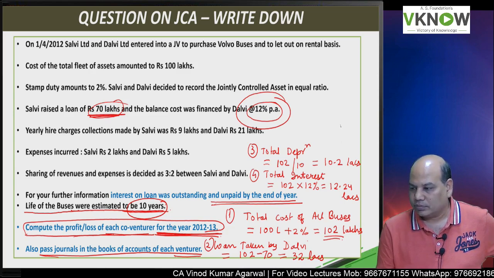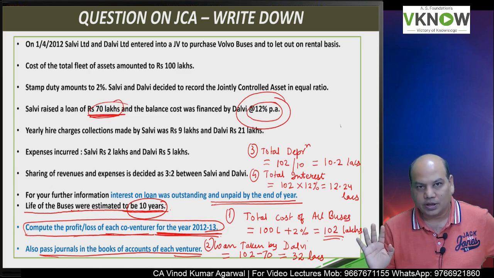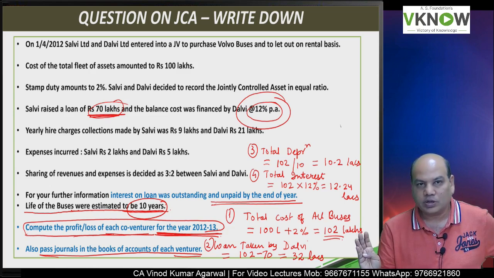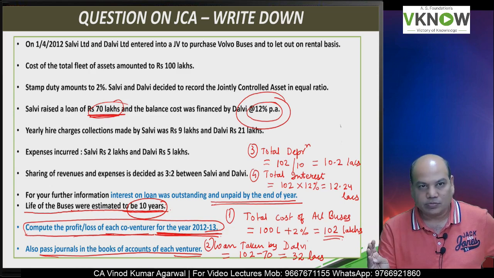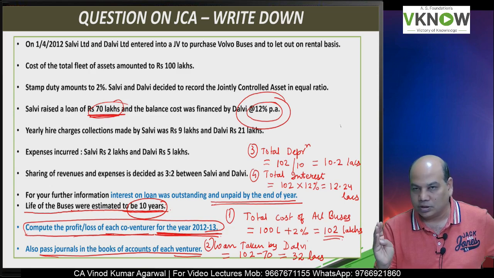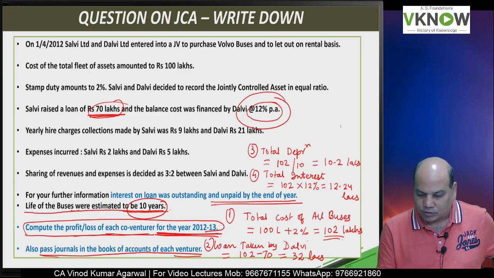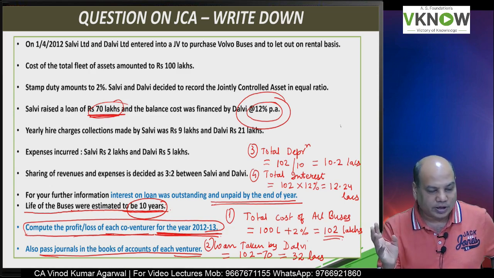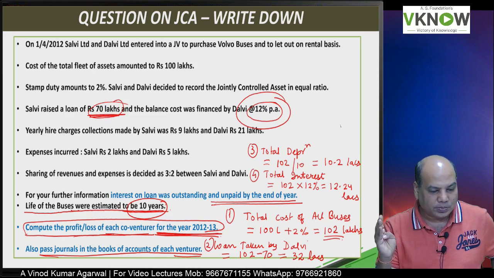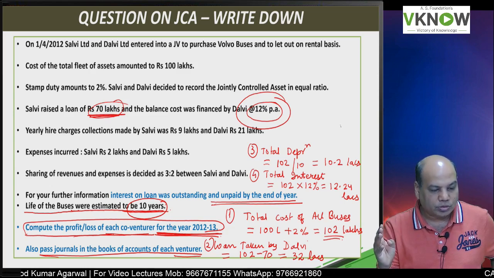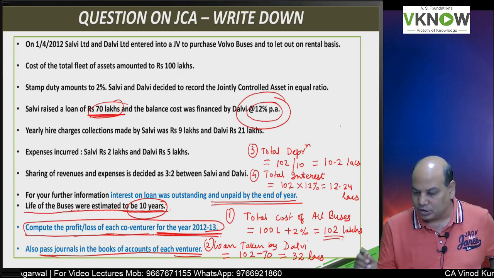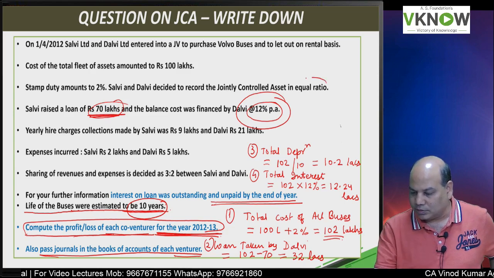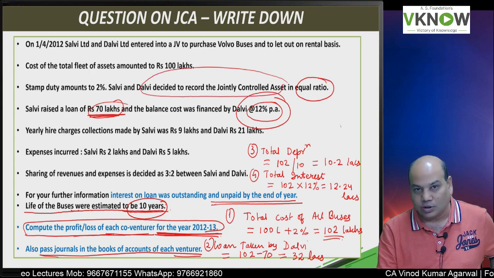Very easy. Whatever I have written till now is very easy. Total cost of all buses including stamp duty, total loan taken by each venturer, total depreciation, total interest. Now we just have to allocate as per the agreement. Income will be shared in the ratio of 3:2. Expenditure will be shared in the ratio of 3:2. Depreciation they are going to share equally because they are going to record the jointly controlled asset equally.